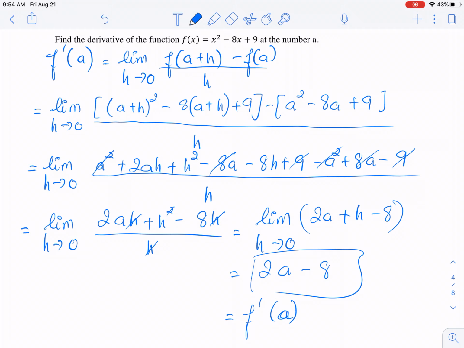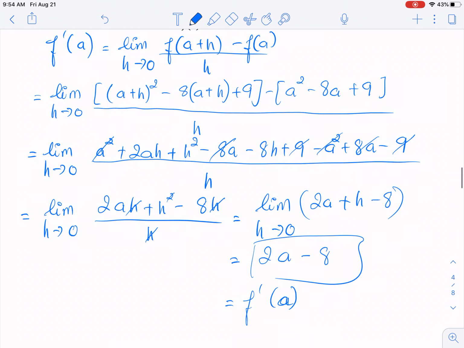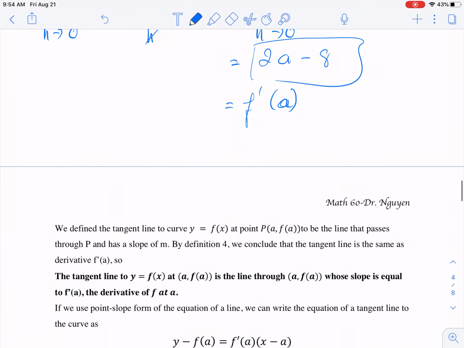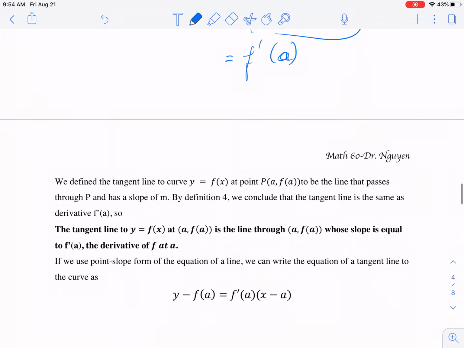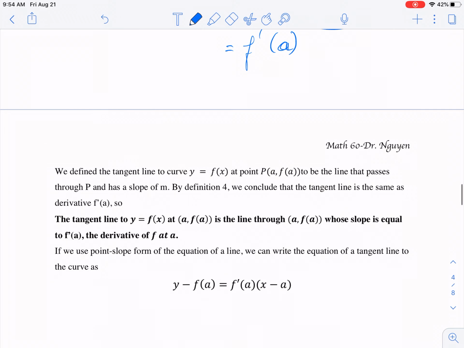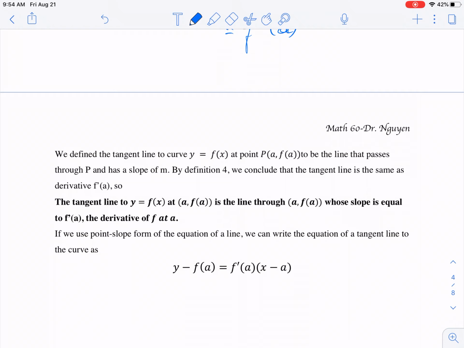Okay, so we have to define the tangent line. The tangent line at the point P is the line that passes through P and has a slope of m. And now we know the slope is the derivative. The slope of the tangent line is the derivative, which is the limit.